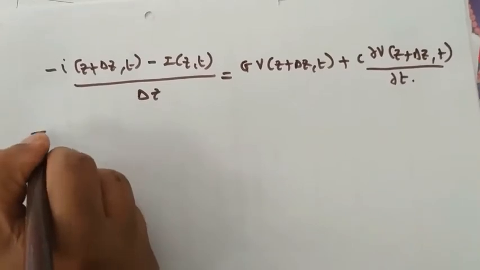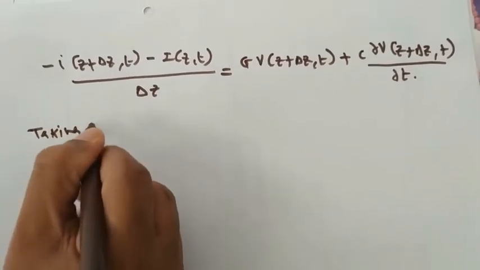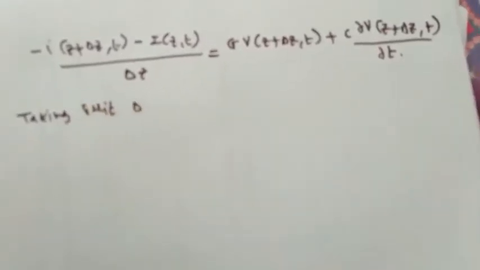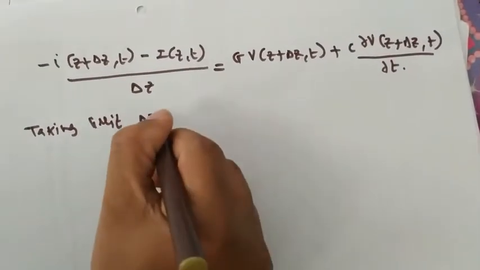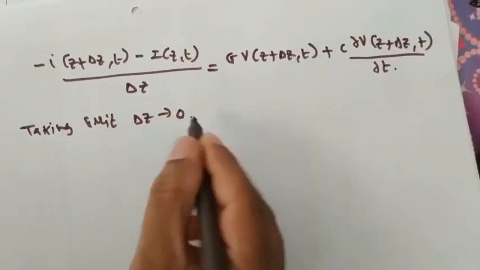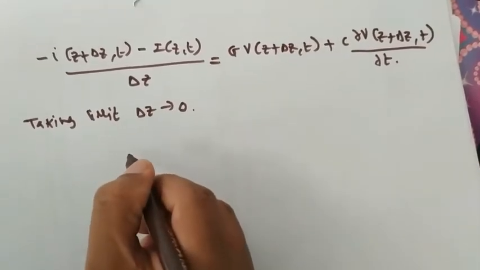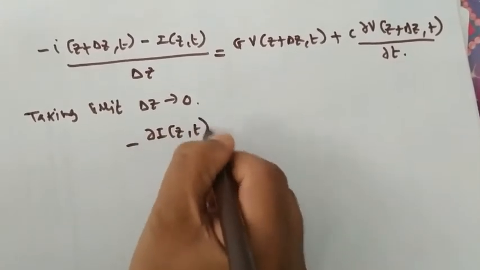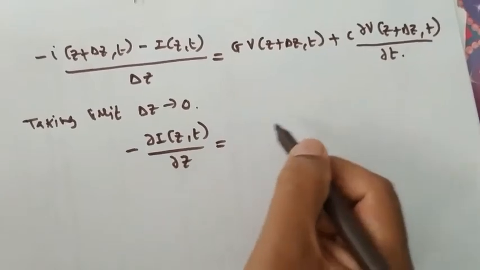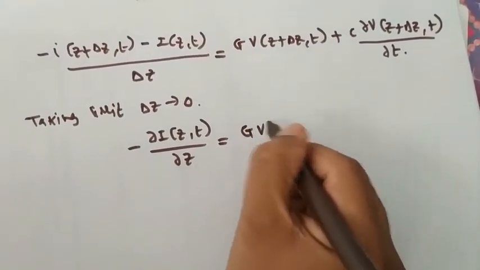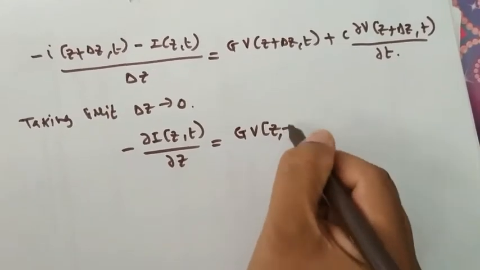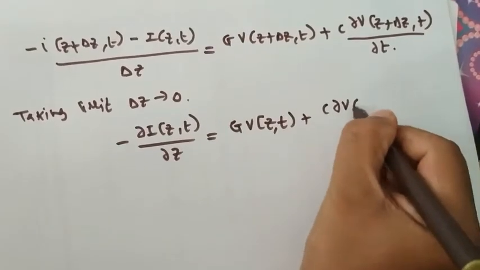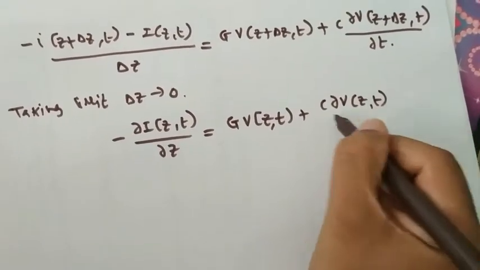If I now once again take the limit delta Z tends to 0, then I get minus del I(Z,t) over del Z equal to G V(Z,t) plus C del V(Z,t) over del t.